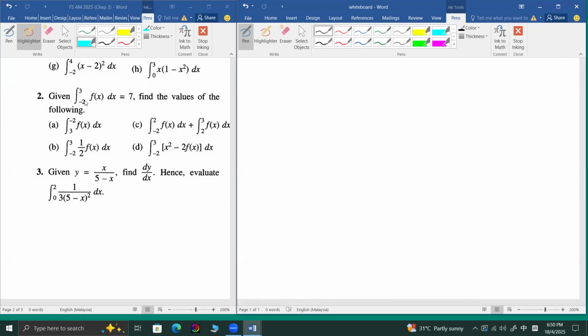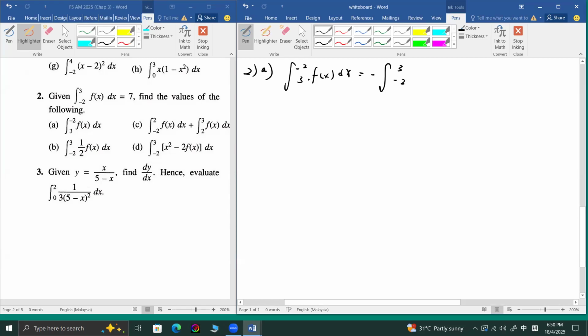The formula is you apply a negative. When you have AB and change it to BA, you'll get a negative value. Okay, we see here. Given -2, 3, fx dx, you change it to 3, -2, the reverse, so you put a negative here.